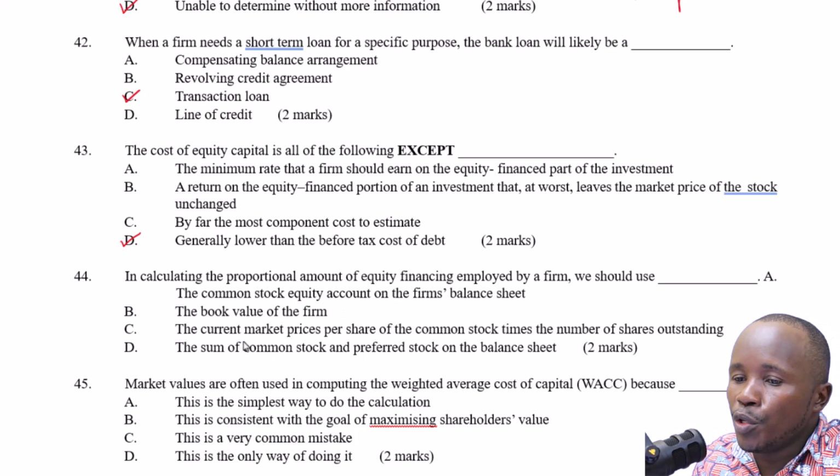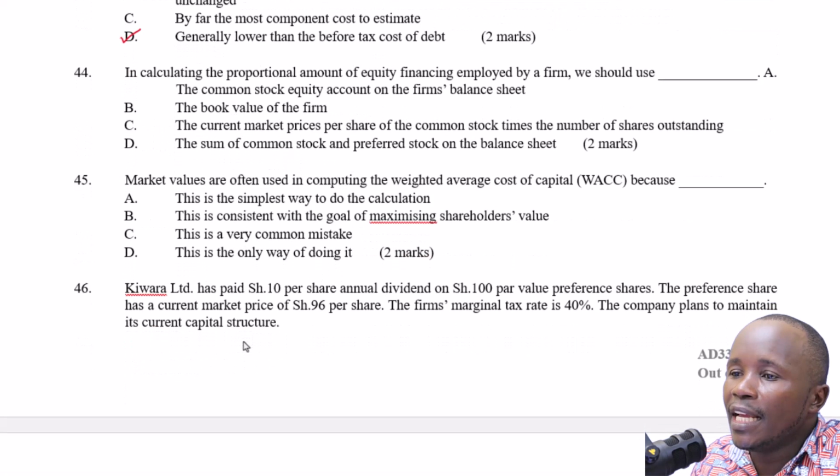We move on to question number 44. In calculating the proportion amount of equity financing employed by the firm, we should use what? Listen, when you want to find out the proportion of the amount of equity, then here you need to use what?